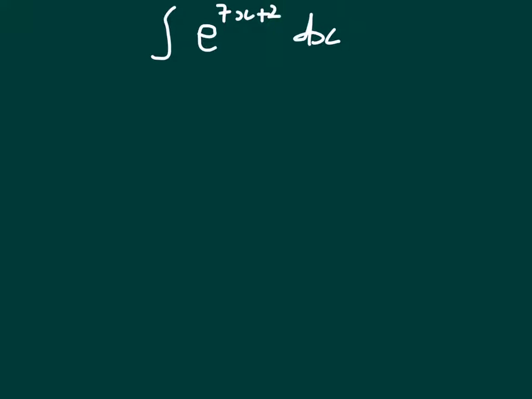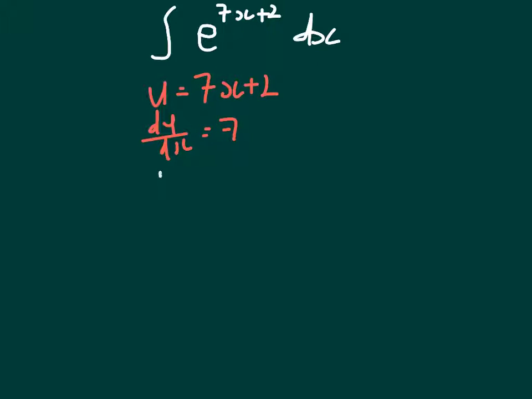So if we're going to find my u, we're going to start by saying, okay, I know my u is going to be 7x plus 2, and the derivative of u with respect to x is going to give me 7. So I'm going to have the same type of problem that I had initially, where I'll have to multiply it all by 1.